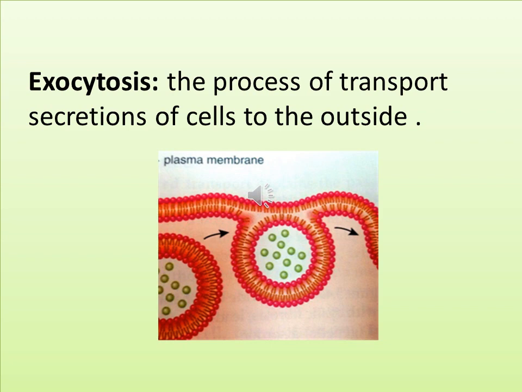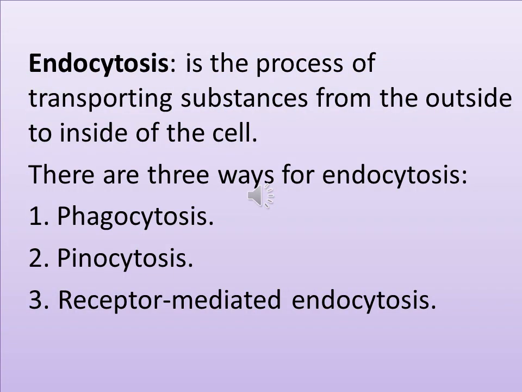Exocytosis. Vesicles are produced by the Golgi apparatus and contain proteins. Exocytosis transports secretions of cells to the outside, from inside of the cell to the outside. Examples of the transported substances are hormones or enzymes. Endocytosis.